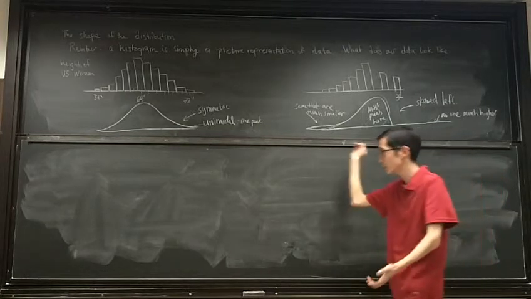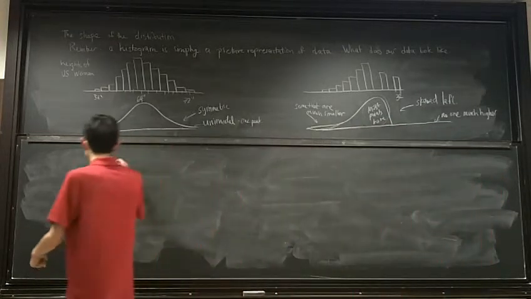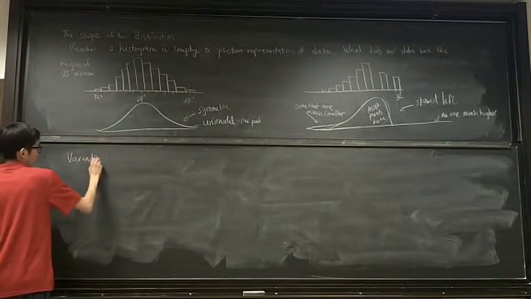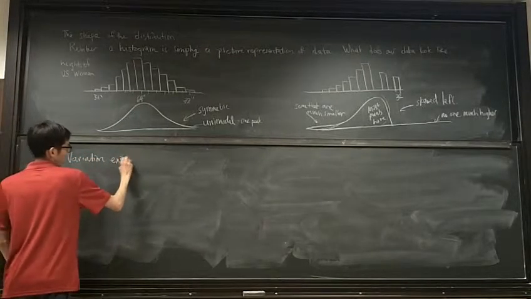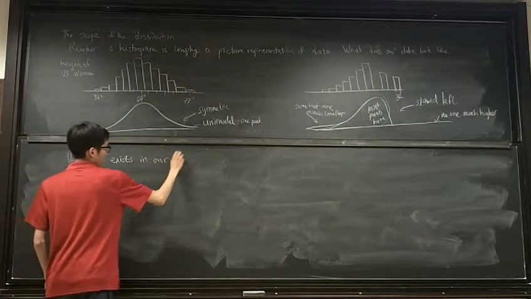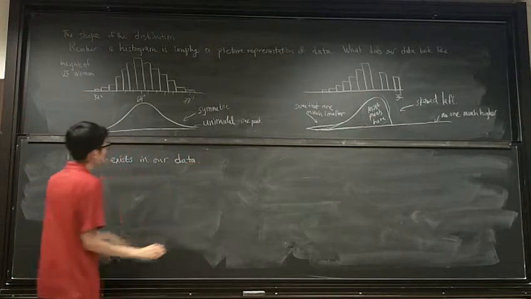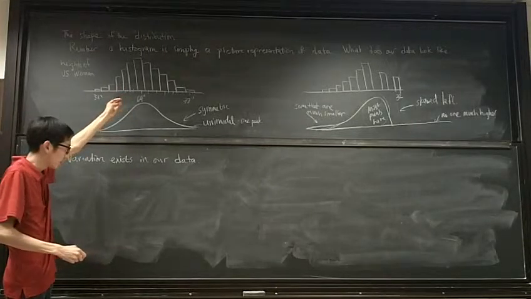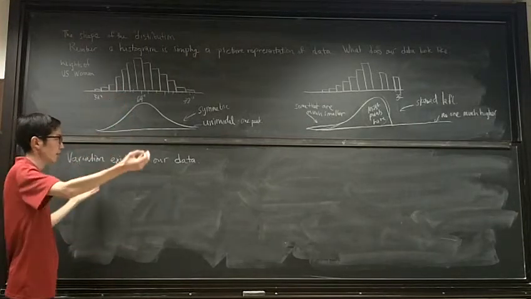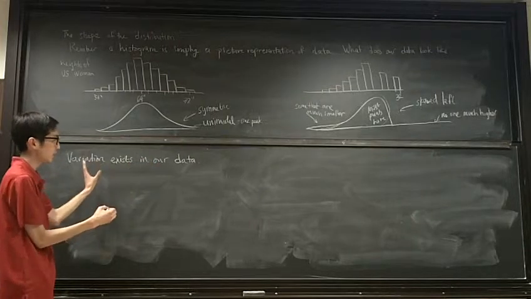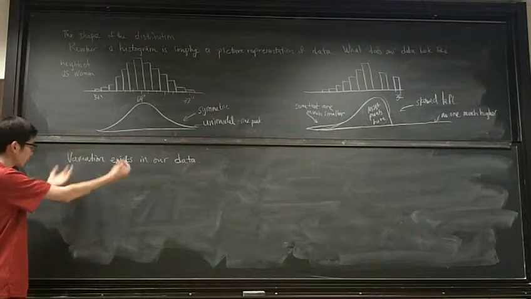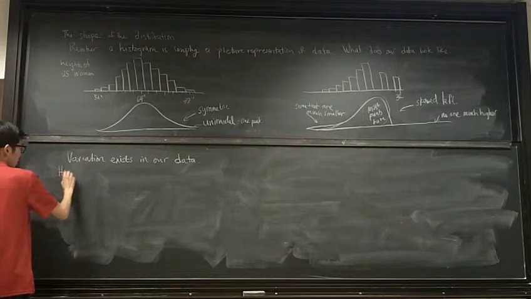Variation exists in our data. And a histogram gives us a picture of where our data lies. So it gives us a picture of the location, and it gives us a picture of the spread or the variation. Okay, so histograms and dot plots.